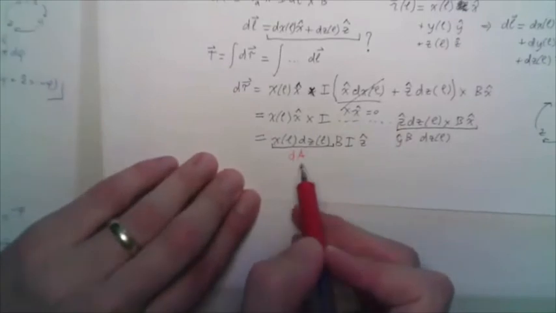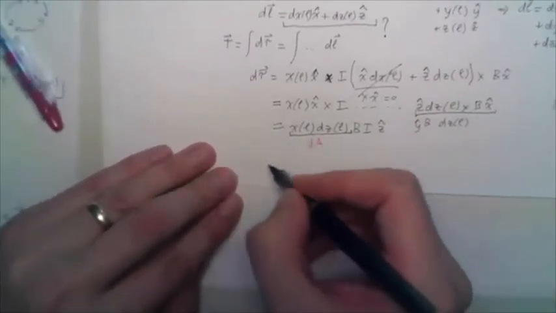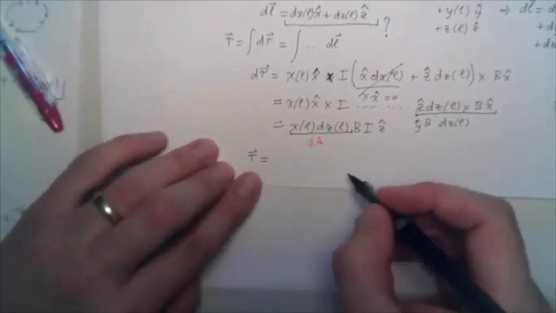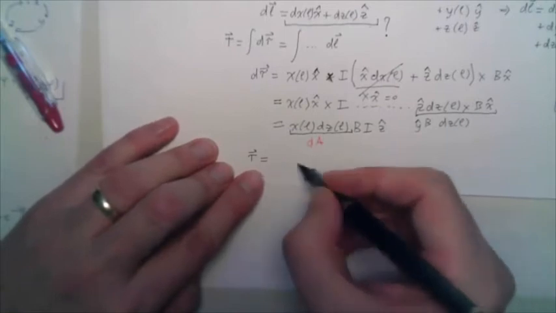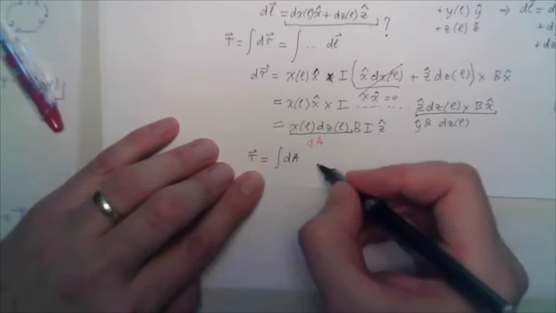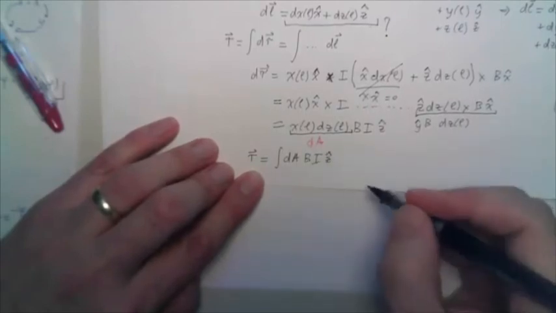So now, instead of integrating over L, we can integrate over area. Isn't that cool? So we write tau is the integral of dA times B I z hat.